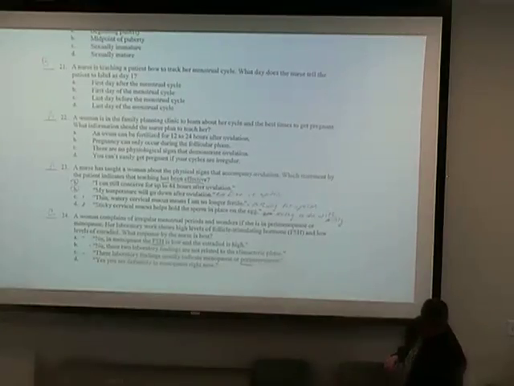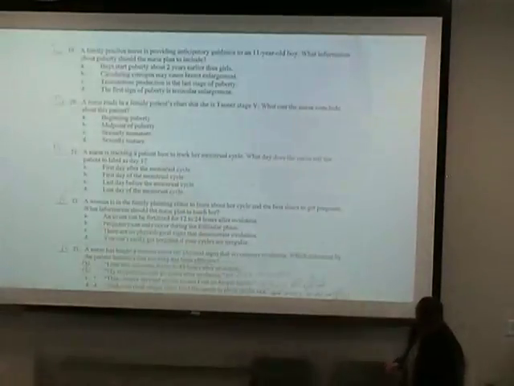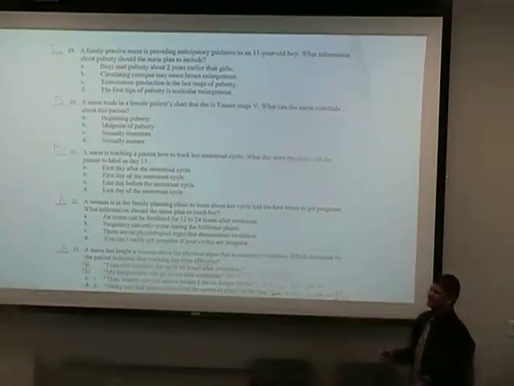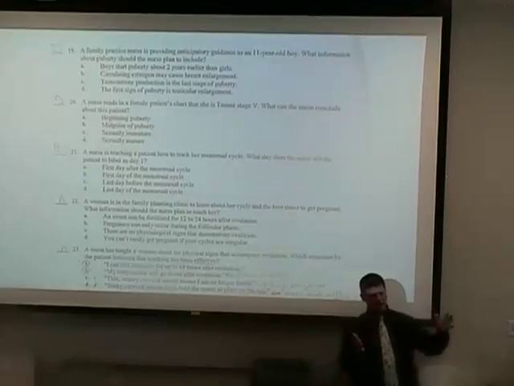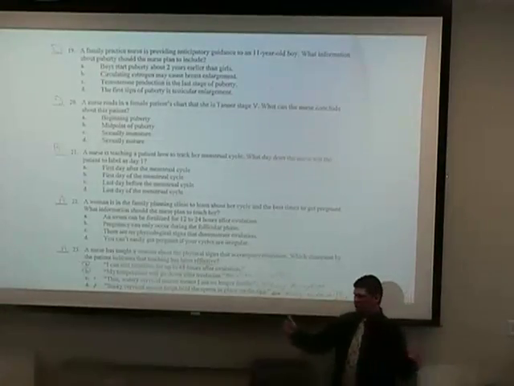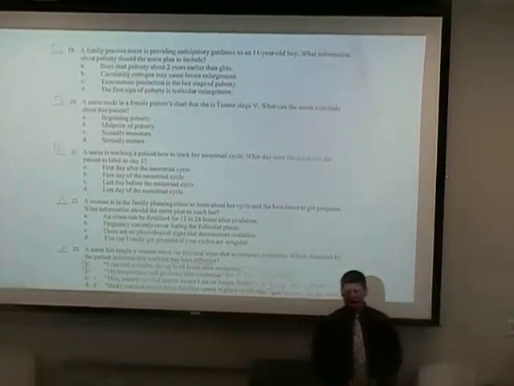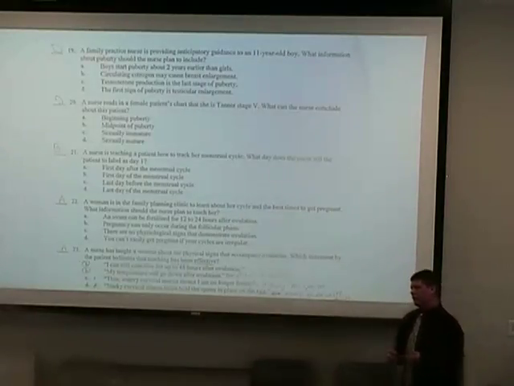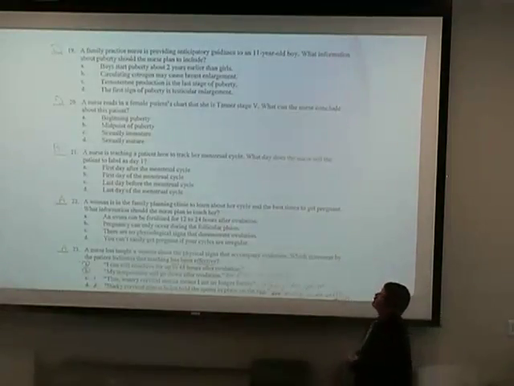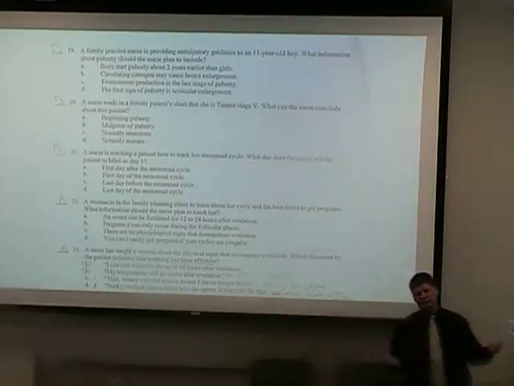What was 20? A nurse reads in a female patient's chart that she is Tanner stage 5. What does that mean? Means that she's mature. Yep. In pediatric development, there's Tanner stage 1 through 5, and Tanner stage 5 means she has pubic hair, fully developed breasts, and hair in her armpits, and she's fertile, or she's probably fertile.